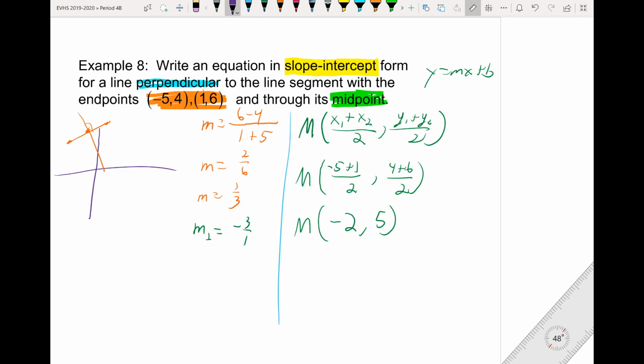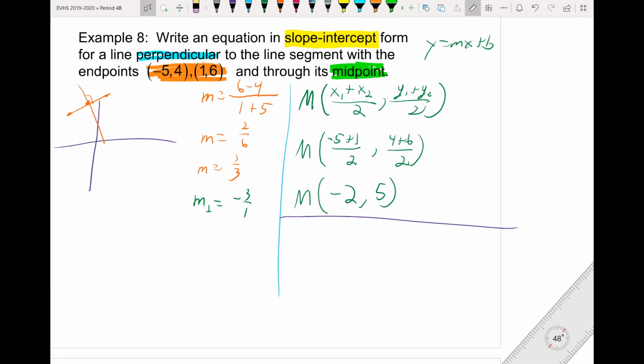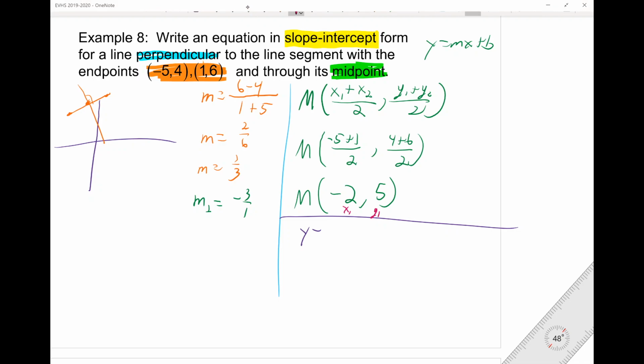Now, we are going to come up with the slope-intercept form of a line that goes through this point, (-2, 5), with a slope of -3/1. So we're going to do y minus y1. Now, in this case, we got to revamp and say that these are x1, y1, because we're talking about using that midpoint for it.